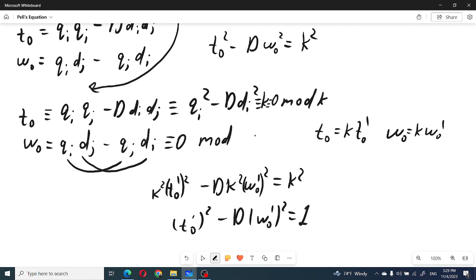So we have found two integers, t0 prime and w0 prime, which give us the exact formula we need for Pell's equation, proving that there exist two positive integers, t0 prime and w0 prime, such that t0 prime square minus d times w0 prime square equals 1.